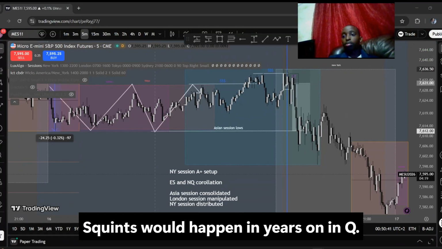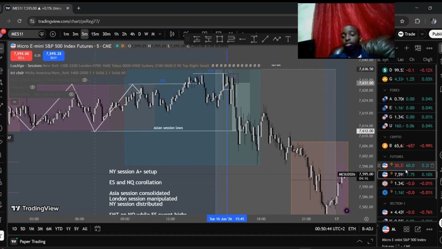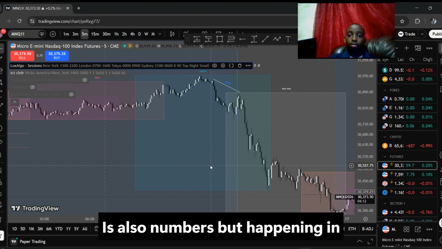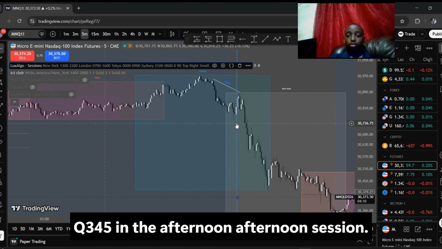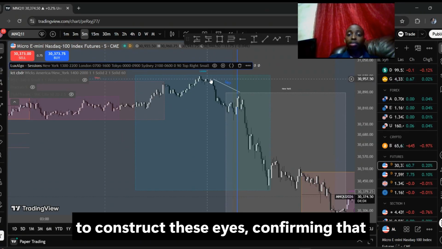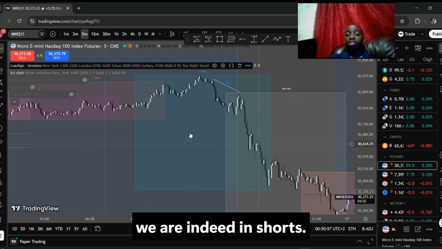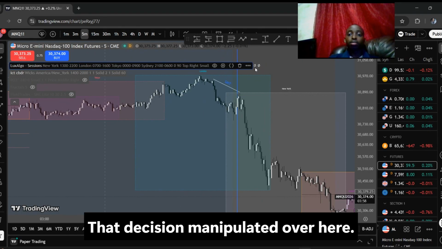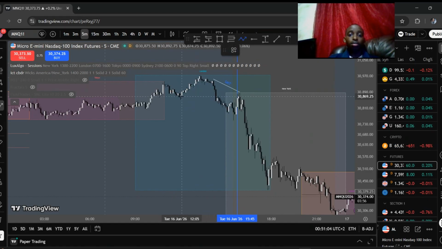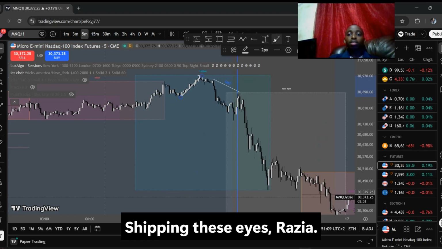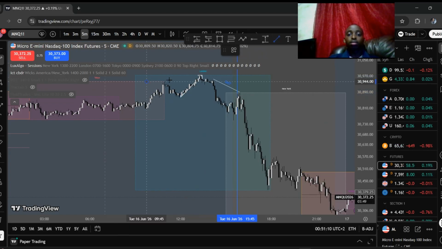So let's go and see what happened on ES, on NQ. This is what I was talking about. What happened on NQ? 3:45 in the afternoon after New York session open. Price is way below here, failing to sweep these highs, confirming that we were indeed in shorts after London session manipulated over here, sweeping these highs right here.